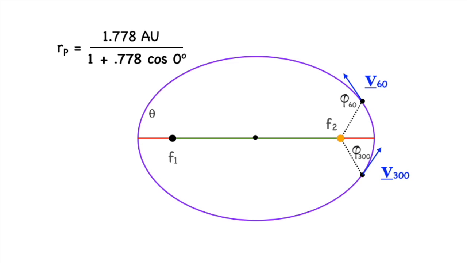So, for example, if we want to go back and find the value for R at perihelion, when the angular position equals 0 degrees, we simply substitute in 0 degrees for theta, and we see immediately that R sub p must equal 1 astronomical unit. This concludes the final exam.